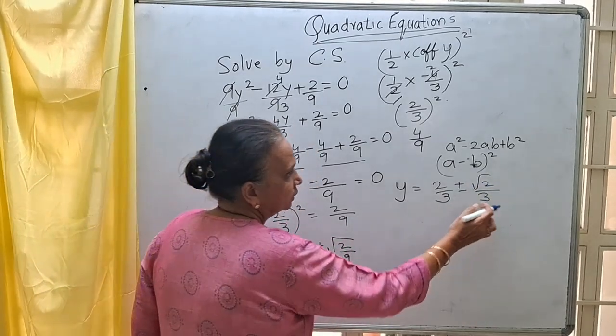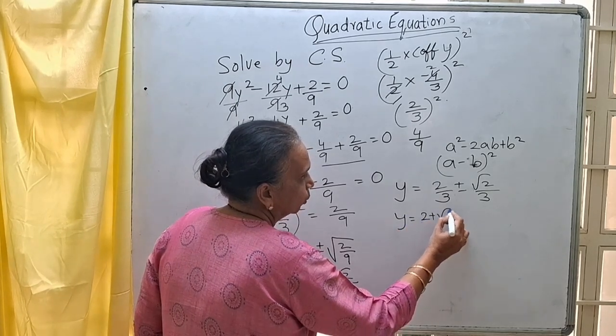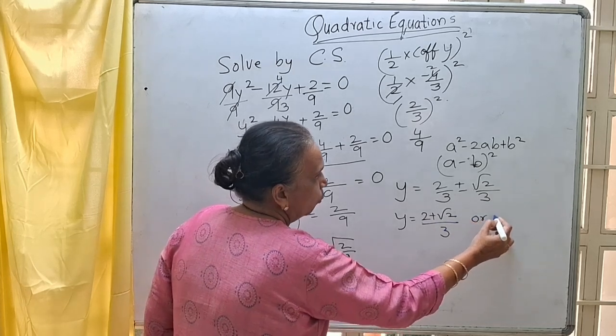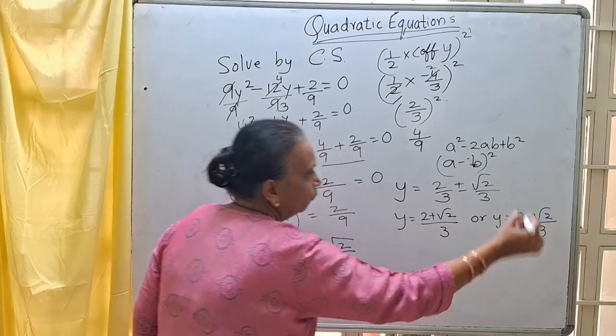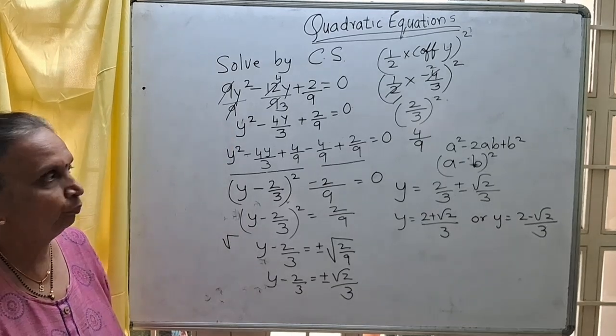The denominator is the same, so I write y is equal to 2 plus root 2 upon 3, or y is equal to 2 minus root 2 upon 3. So these are the roots of this particular quadratic equation.